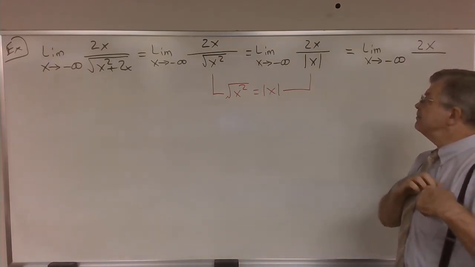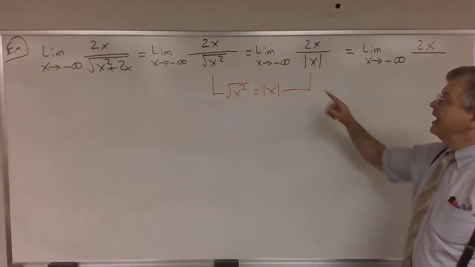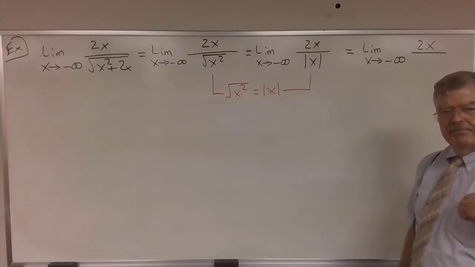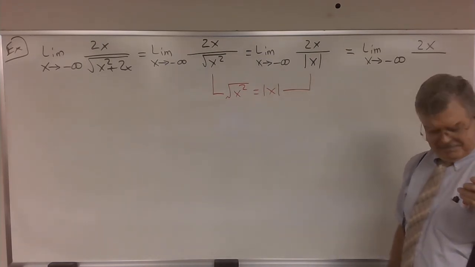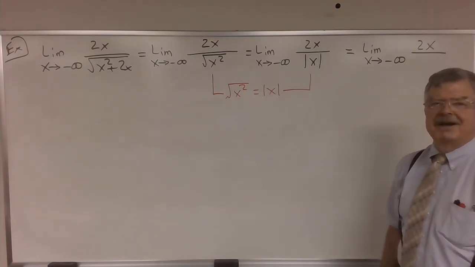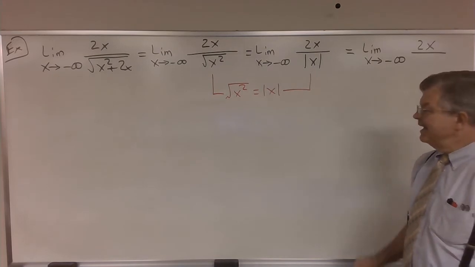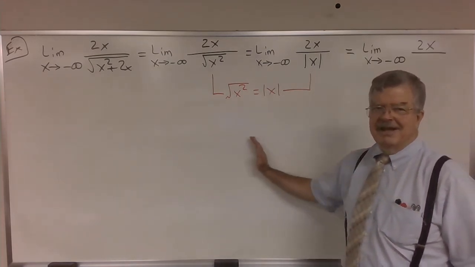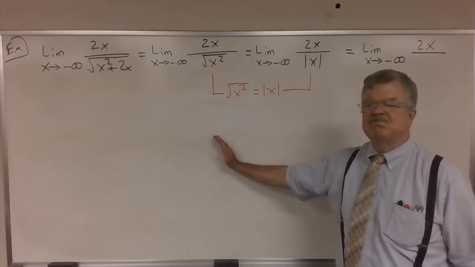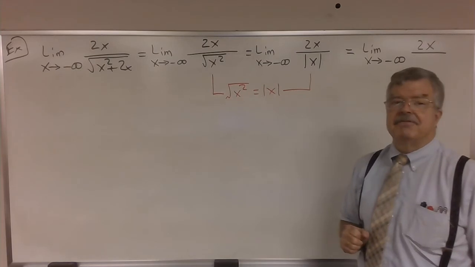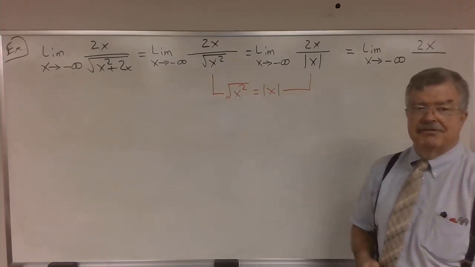Now, think about this. x is approaching negative infinity. Can x get to negative infinity if it's not negative? Can x get to negative infinity if it never gets to the left of the y-axis? No. So if x is approaching negative infinity, we can assume that x is negative.